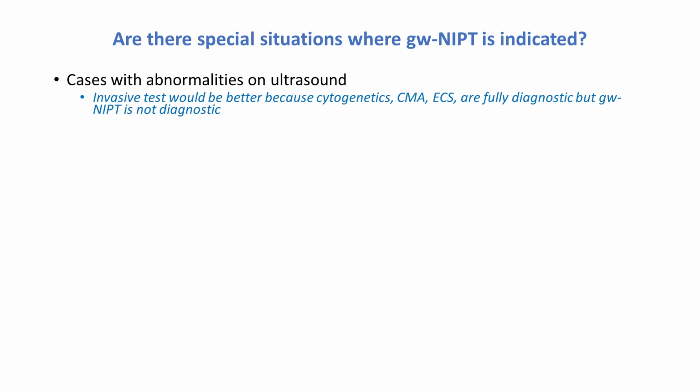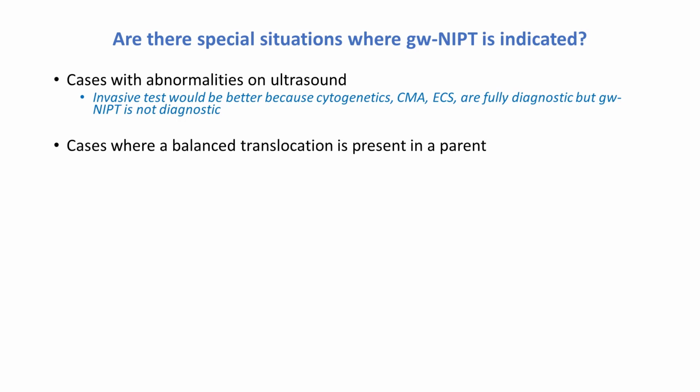And if that's negative, you need to be thinking about exome sequencing and a full range of things that you can do with an invasive test sample that you cannot do with the NIPT sample. So the NIPT sample is not going to be diagnostic, and you still need that invasive test when there's an abnormality on ultrasound.